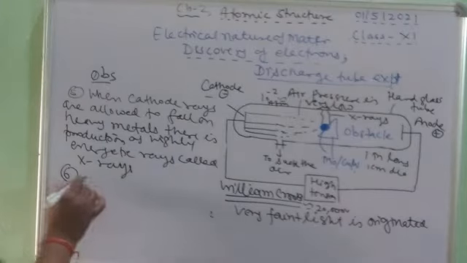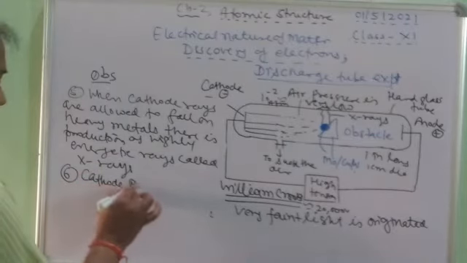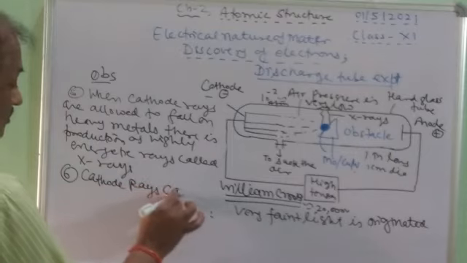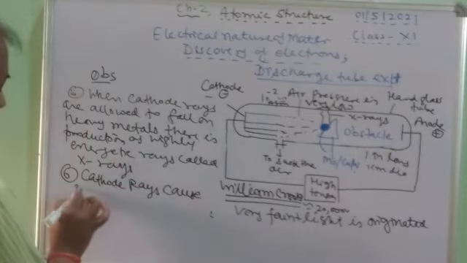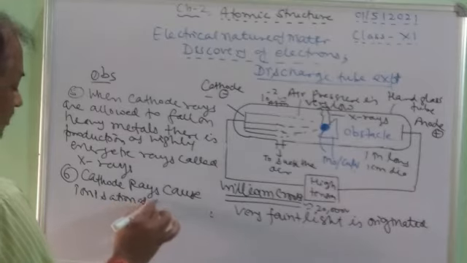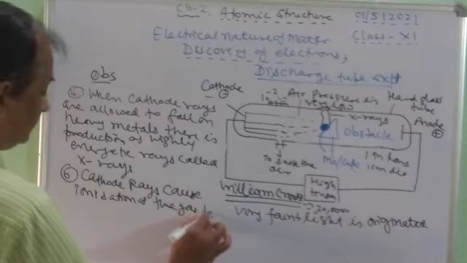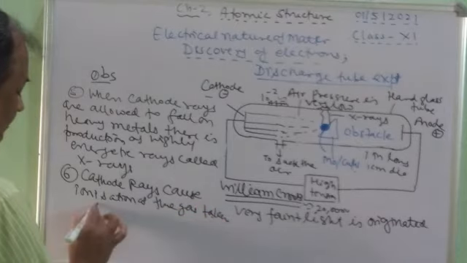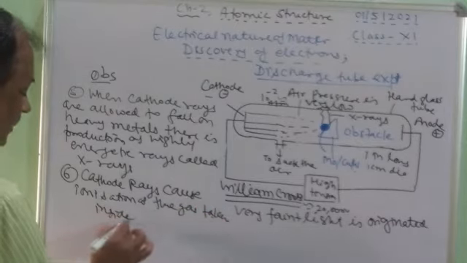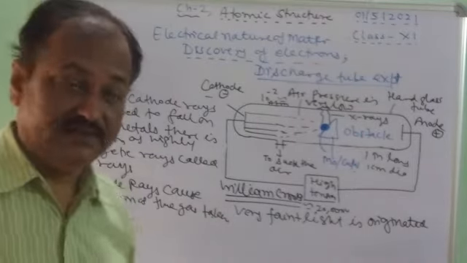So cathode rays cause ionization of the gas taken inside.